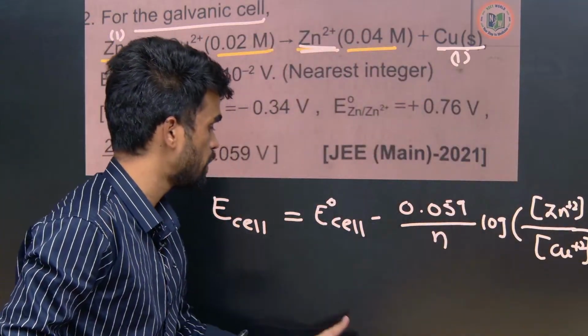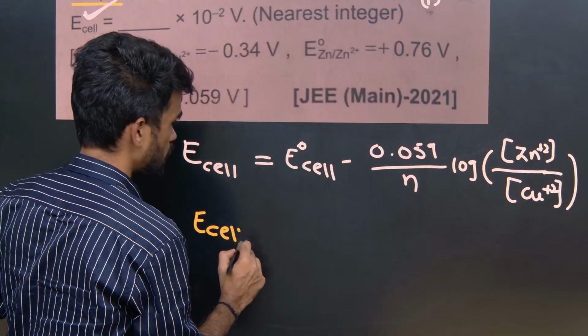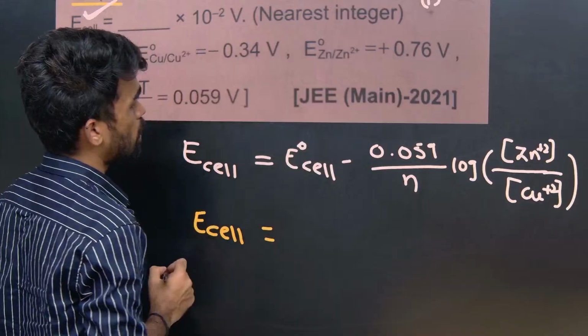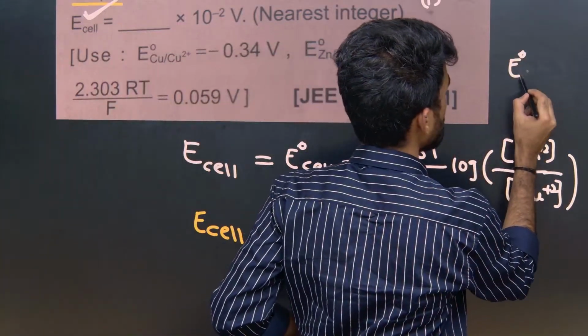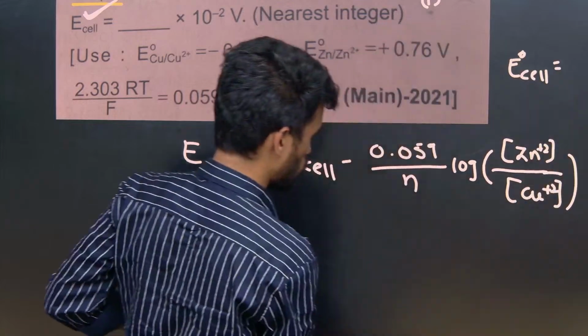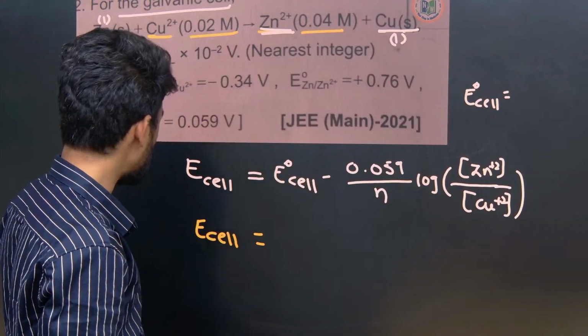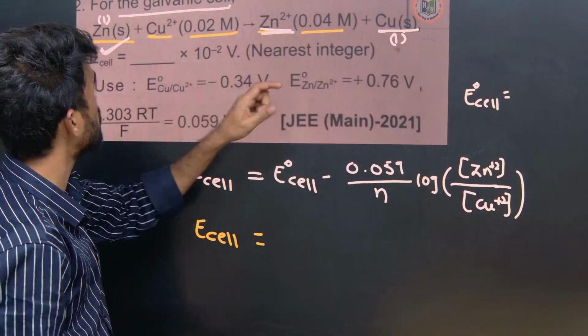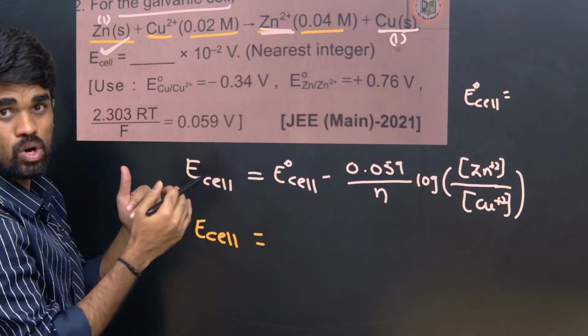Now you can write E cell equals E naught cell. So what is the E naught cell for this particular cell? We have two electrodes, one is copper, another one is zinc. You need to understand what is happening at each. Zinc is converting to zinc +2, so oxidation is taking place.